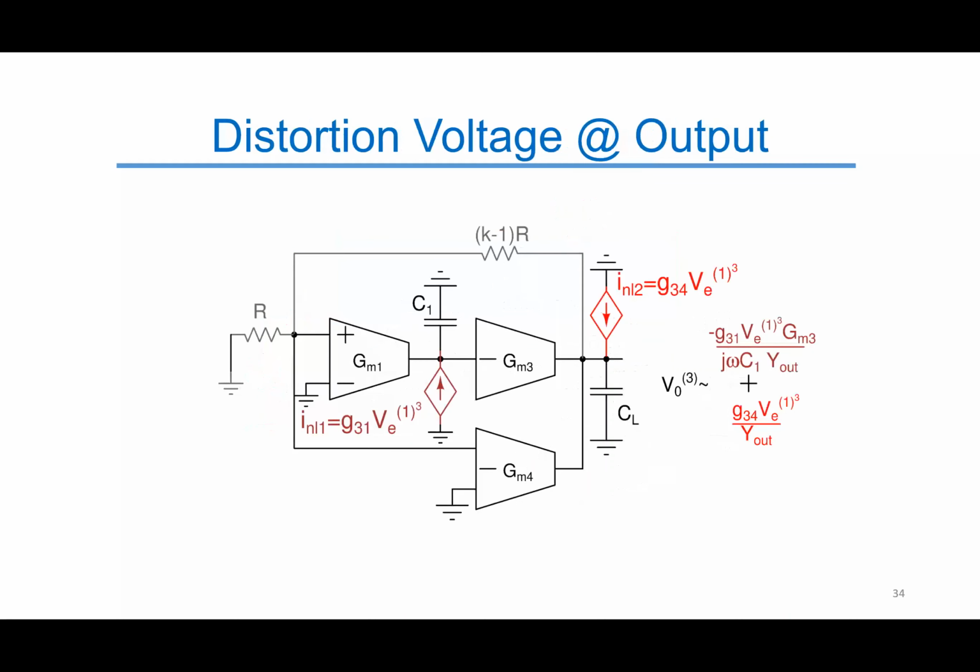Thus, the distortion estimation picture now consists of two current sources carrying the distortion currents of GM1 and GM4. The total output voltage can be expressed simply by referring their effect to the output and multiplying the total current by the output impedance of the loop.